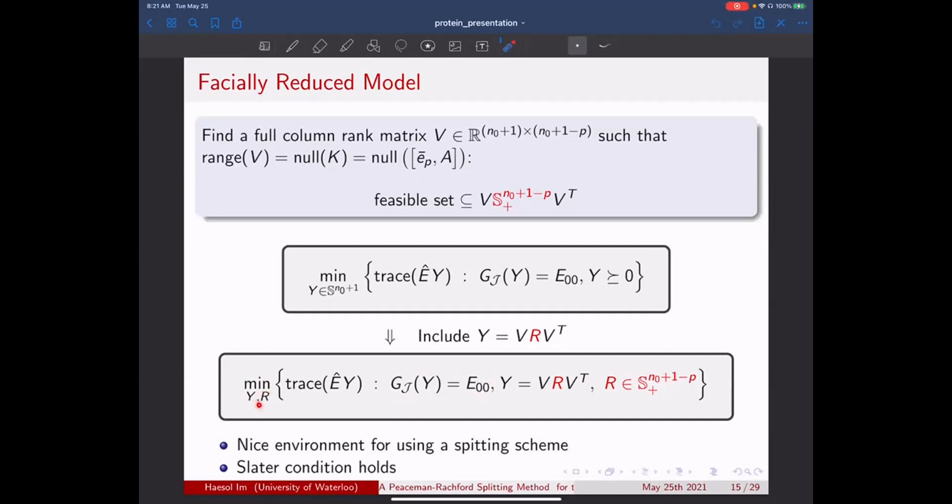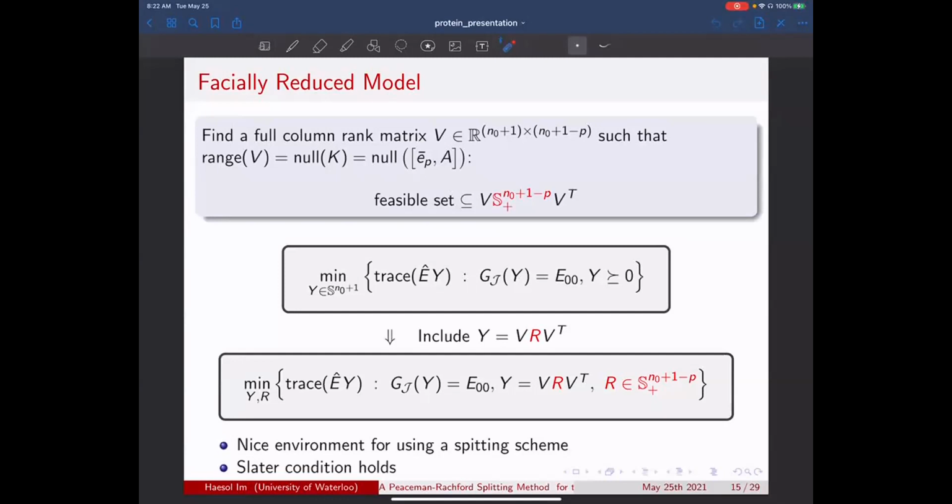And also R is sitting in the positive semi-definite cone, and we also have a good understanding of this cone. These two variables are linked by this linear equality. And what we also get is a Slater condition. So we can always find an R here that is positive definite holding this constraint.